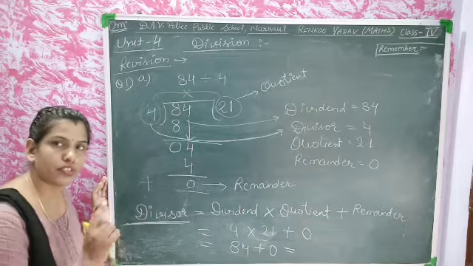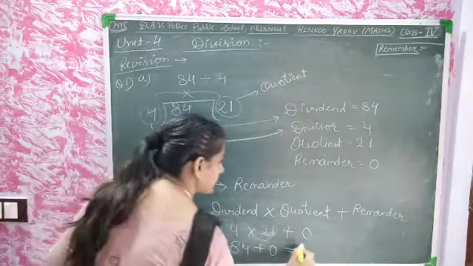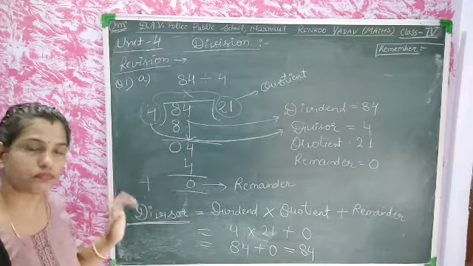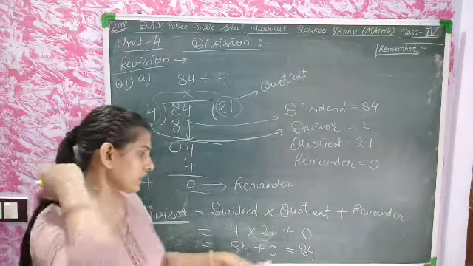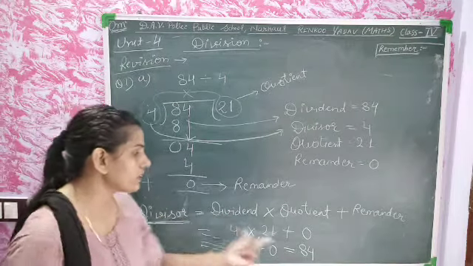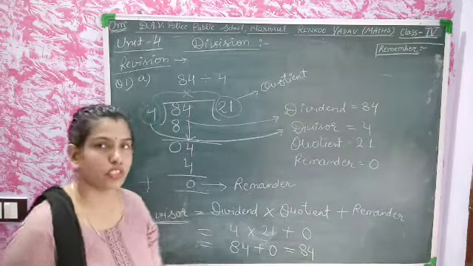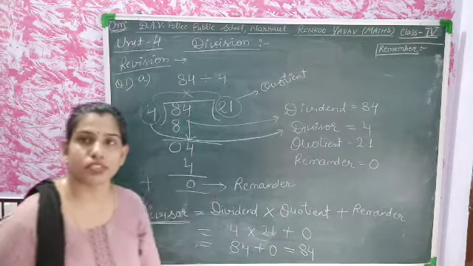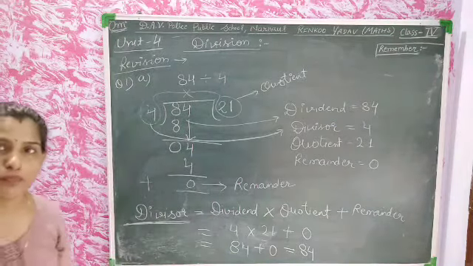Yes, 0 added to any number, it will become itself, that is 84. So the dividend is 84. If the dividend is equal to 84, then there is also 84. Then it becomes a check.